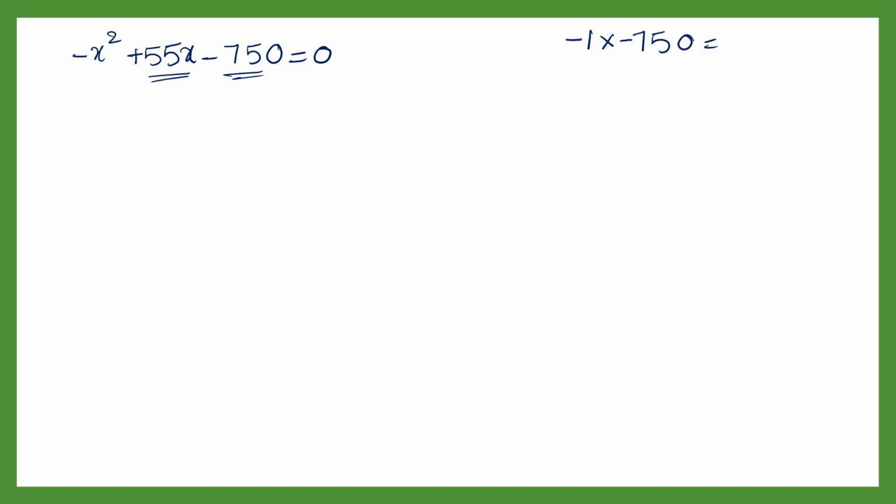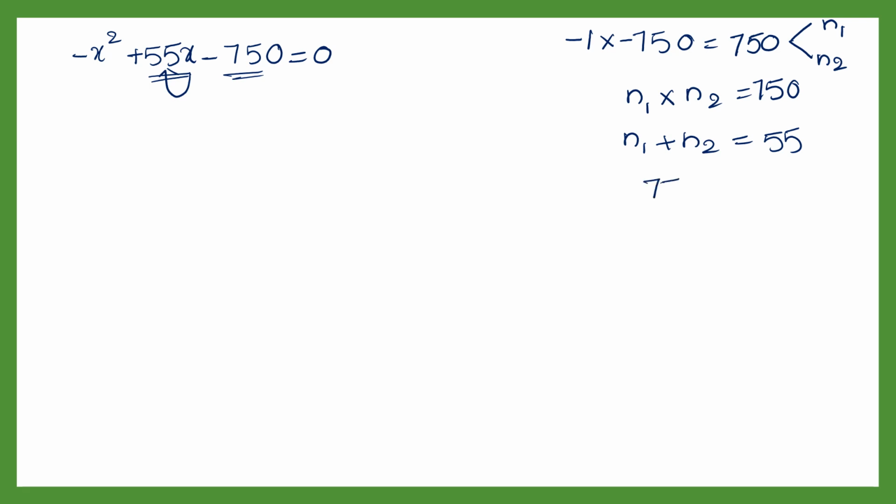Minus into minus is plus, 1 into 750 is 750. You should split 750 into two numbers, n1 and n2. The product of n1 and n2 should be 750. The sum of the numbers n1 and n2 should be the coefficient of x, which is 55.